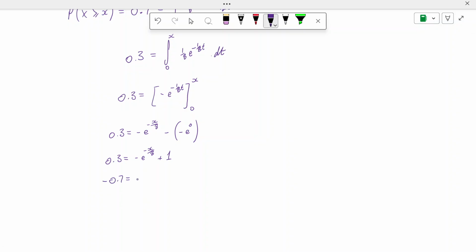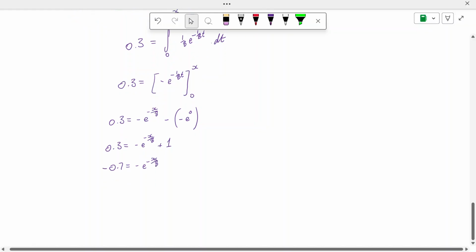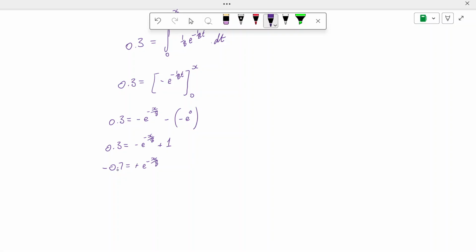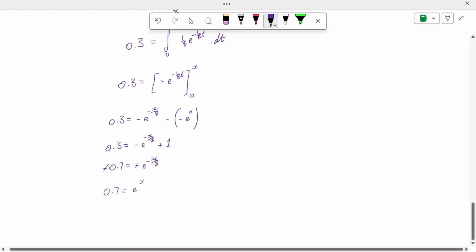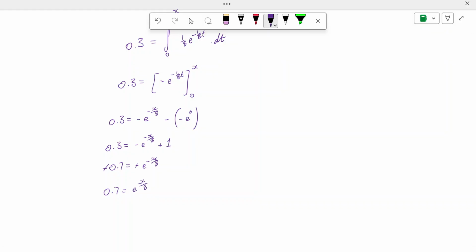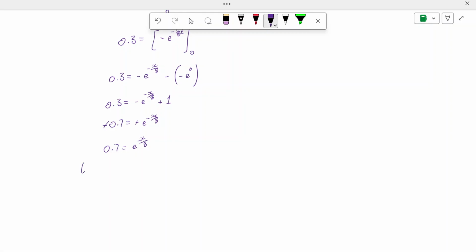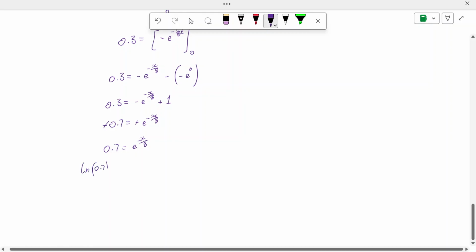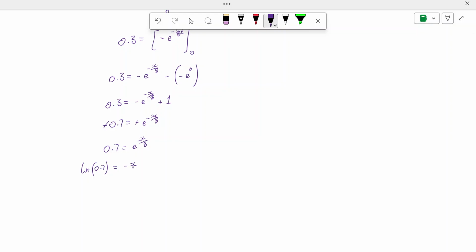Negative 0.7 equals negative e to the negative x on 8. I'm going to divide both sides by that negative 1 and cancel that out. So I get 0.7 equals e to the negative x on 8. I'm going to ln both sides. And I get negative 8 times ln of 0.7 equals x.